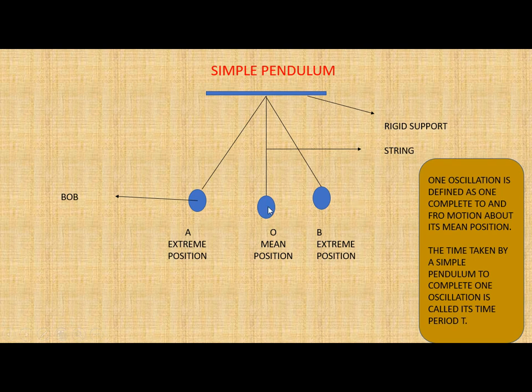So from O to A, then from A to B, and again back to O, this complete motion is called one oscillation. And the time taken by a simple pendulum to complete one oscillation is called its time period. This is denoted by T. So this is all about the simple pendulum.